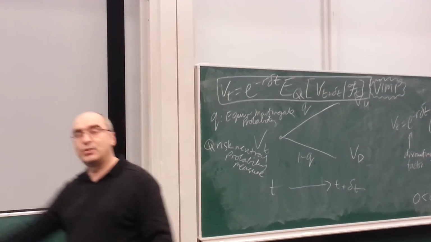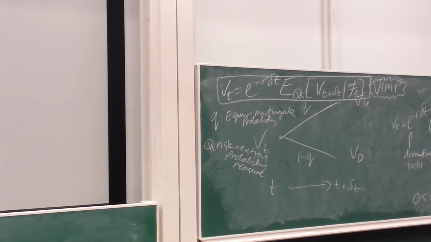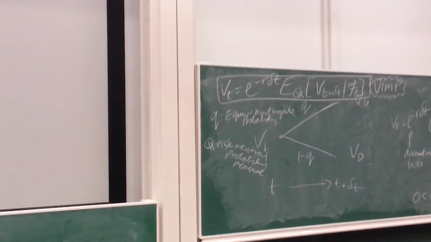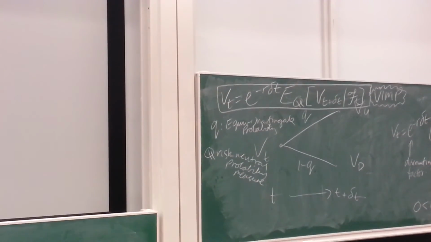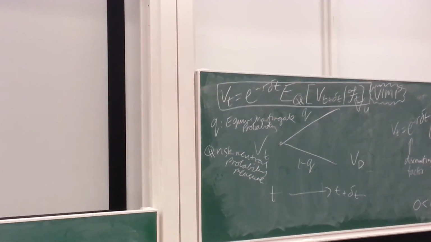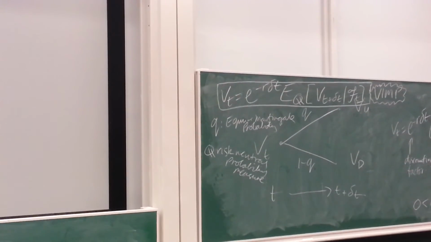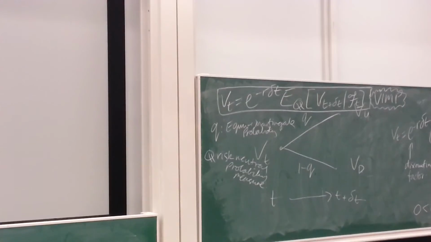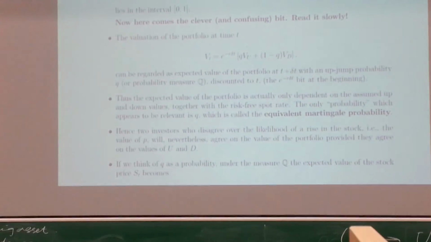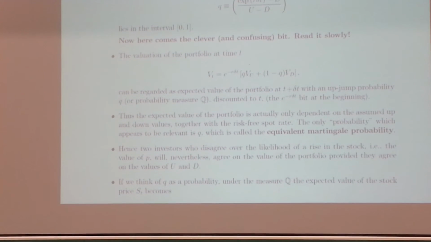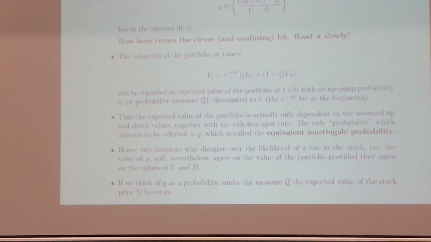So the key thing here is we may disagree on P and 1 minus P, but providing we agree on U and D, and we're in the same market so that we use the same value of R, we will agree on what the replicating portfolio is. That's why I've written the clever and confusing bit, read it slowly, because it is very confusing when you first see it, but it's actually the brilliant thing that allows us to do the valuation.